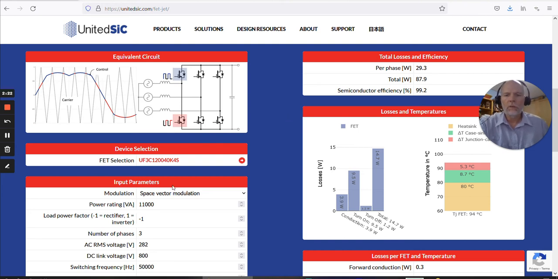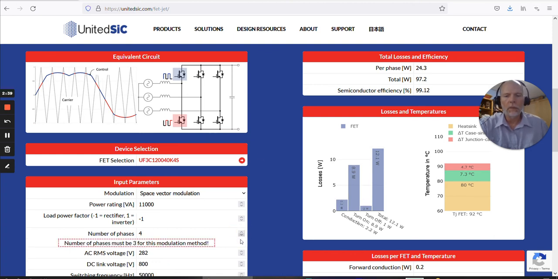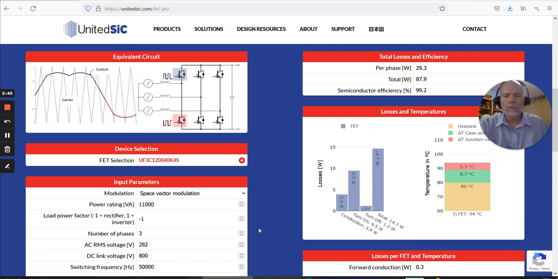So now using space vector, and this is true also of discontinuous PWM, because that's also a space vector type, the phases are no longer independent of each other as they are with sine triangle. So therefore, if you try to select anything other than 3 phases, you get a warning message. So these are 3-phase specific modulation methods.